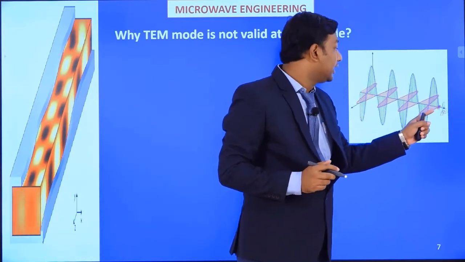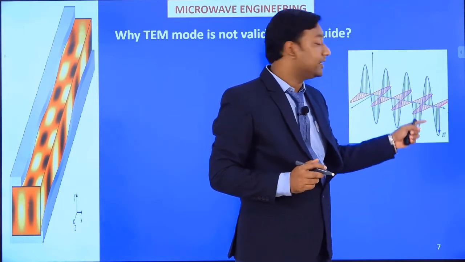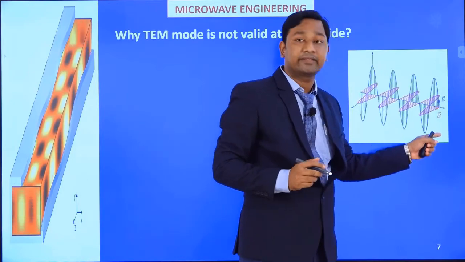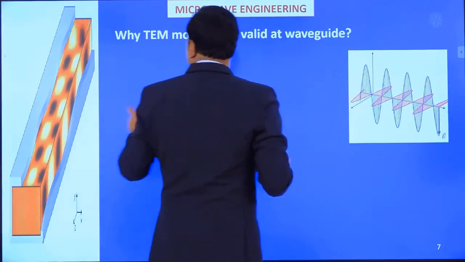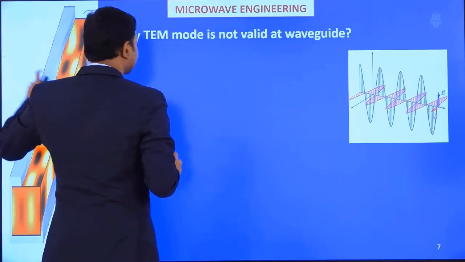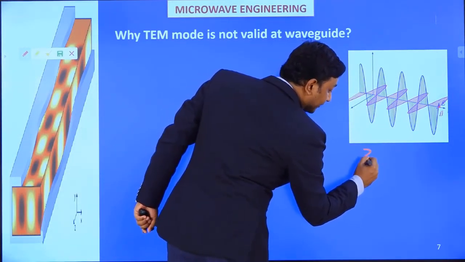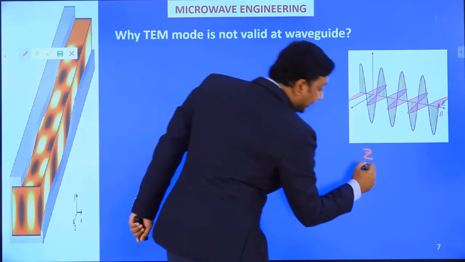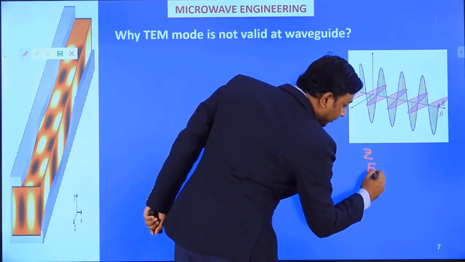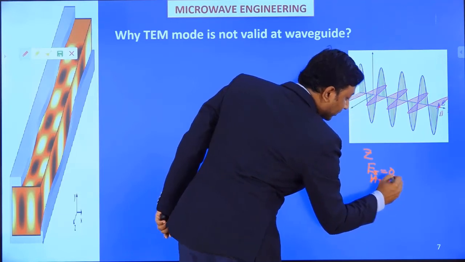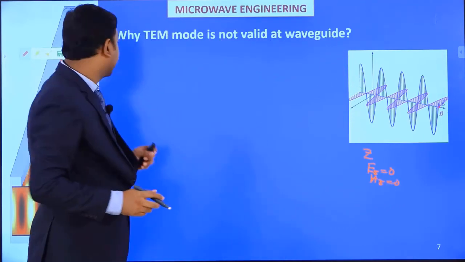So there is no electric field or magnetic field present in the Z direction; it varies in either the X or Y direction. So for TEM mode, in the direction of propagation, if we consider the Z direction, then the Ez and Hz components are 0. So the field components will become 0.